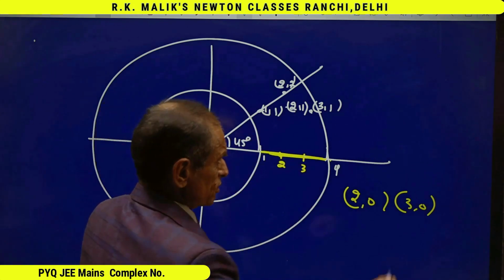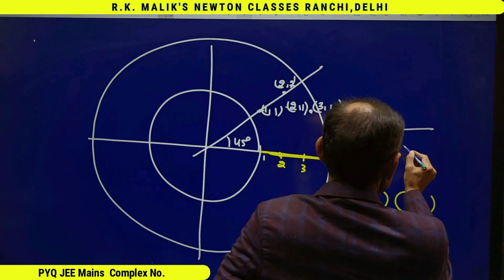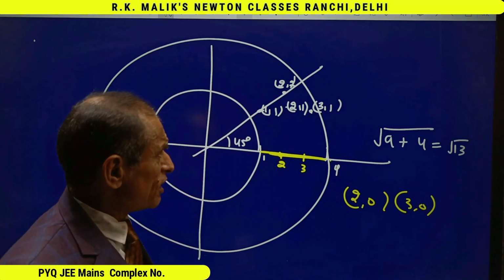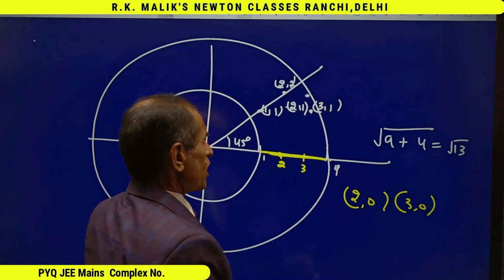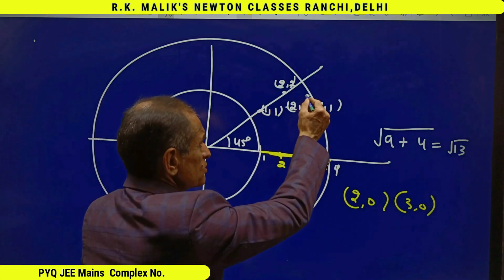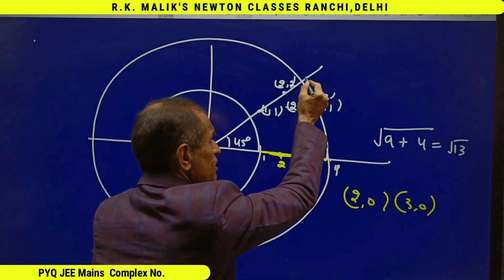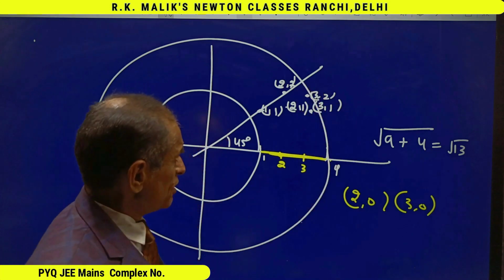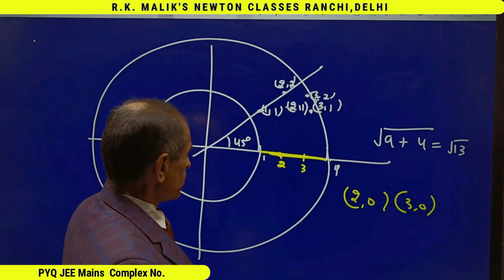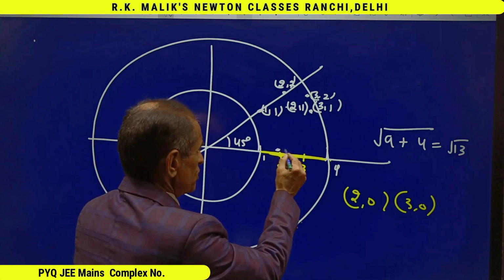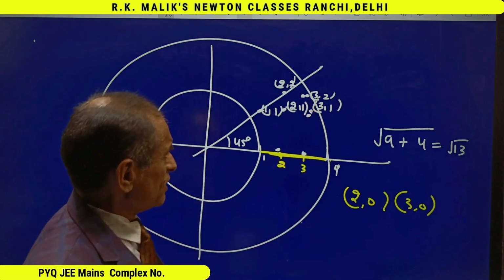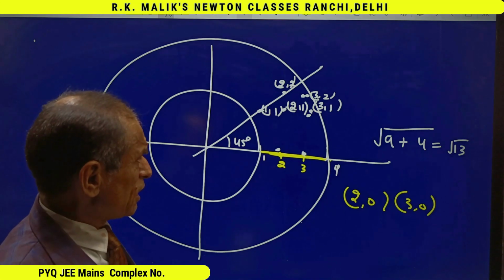The distance of (3, 2) from origin will be 9 plus 4, that is less than 16. Hence (3, 2) will also lie in this portion. (3, 3) will be coming on this line, and (3, 3) will be outside also. Therefore, so far we have counted the number of integral points as this, this, this, this and this. That is 5 integral points.